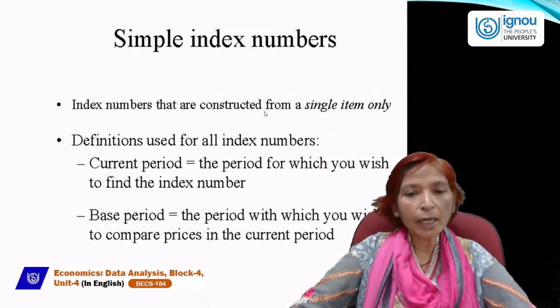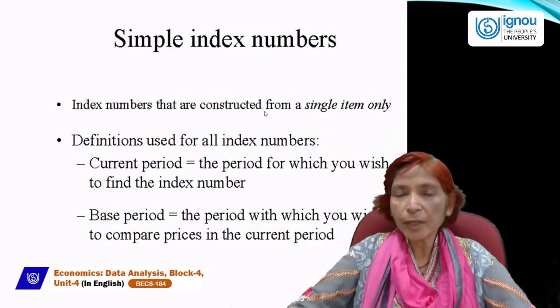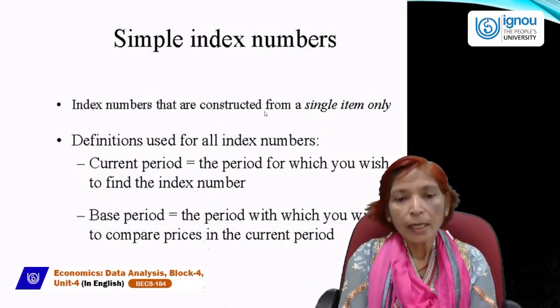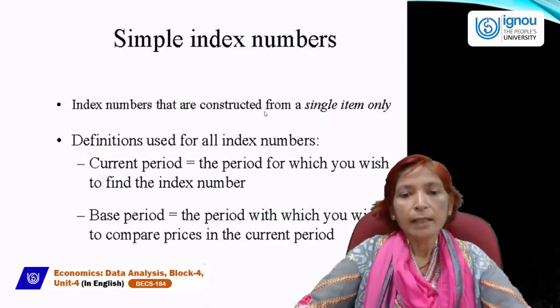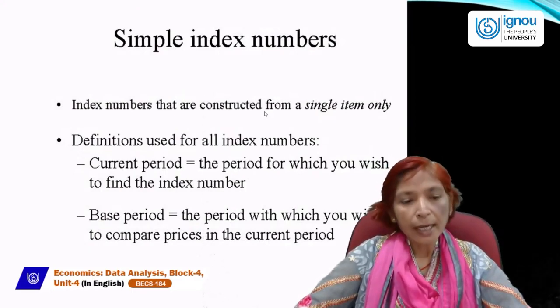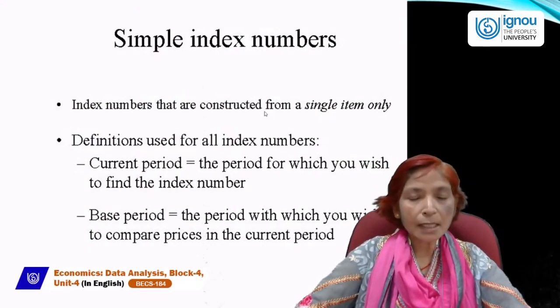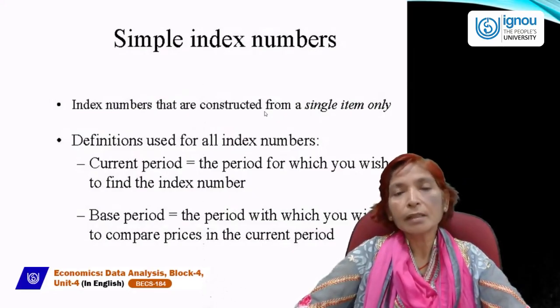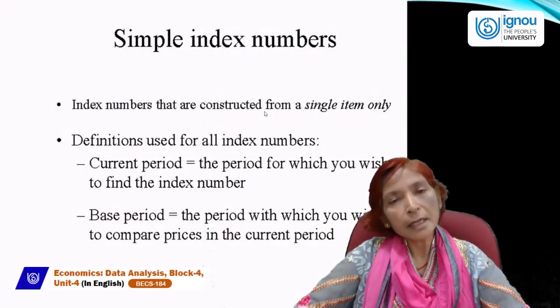The definitions used for all index numbers are: current period is the time period which is going on, our present time period, the period for which you wish to find out the index number. And the base year period is that period with which you wish to compare prices in the current period.